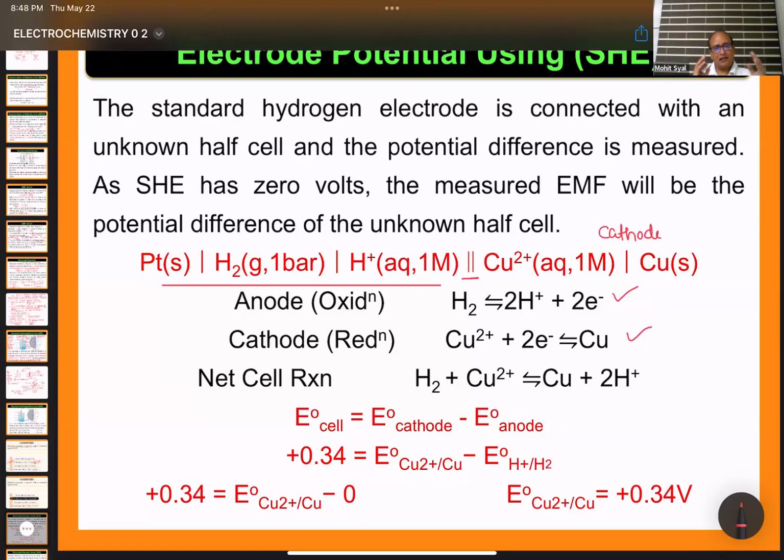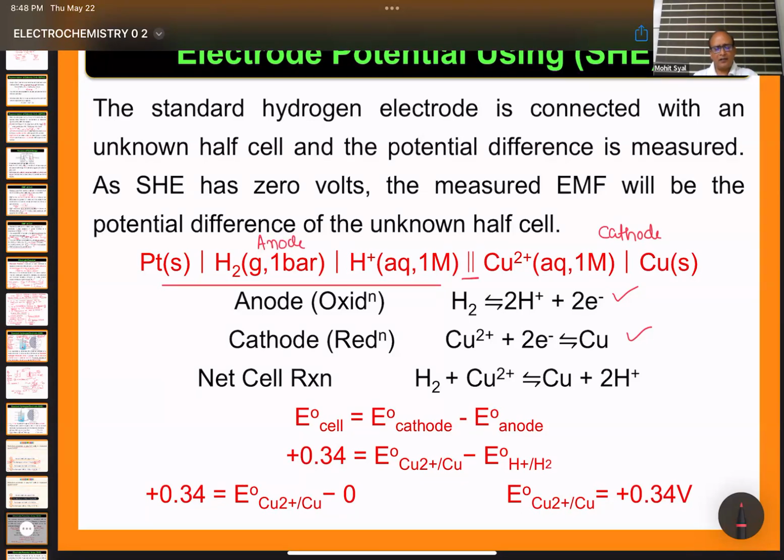Both the tendencies are taken as equal, and it can give electron, it can take electron. Depends upon the other metal. If you connect it with copper, copper is acting as a cathode and this is acting as an anode.